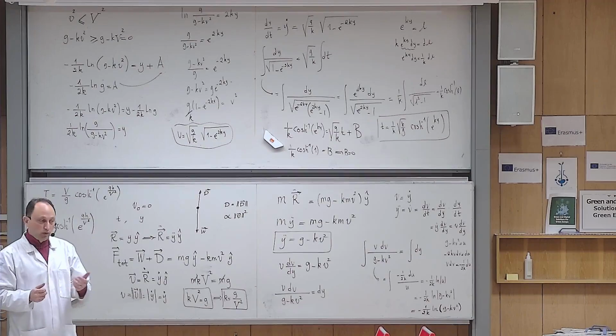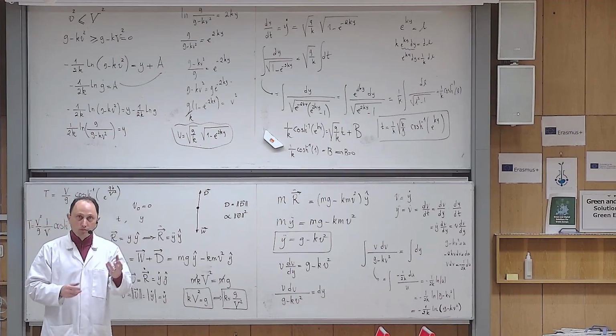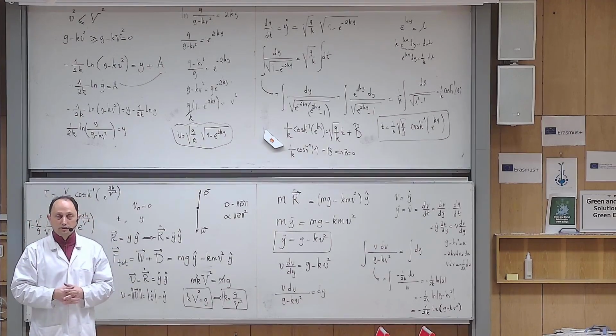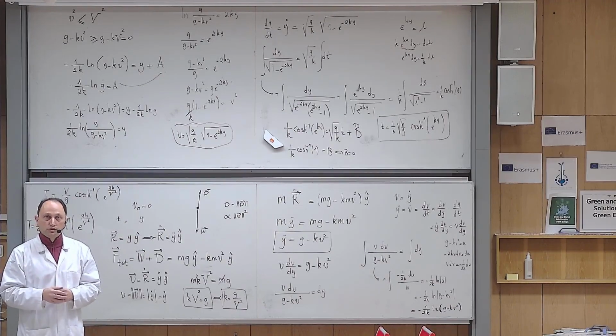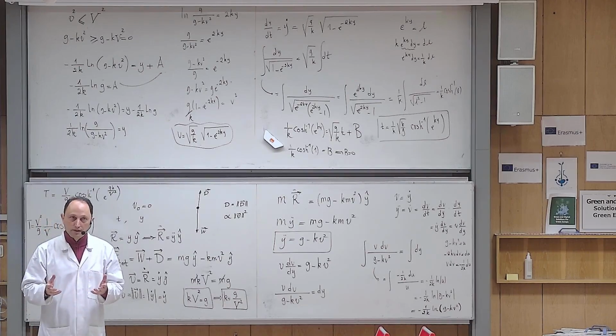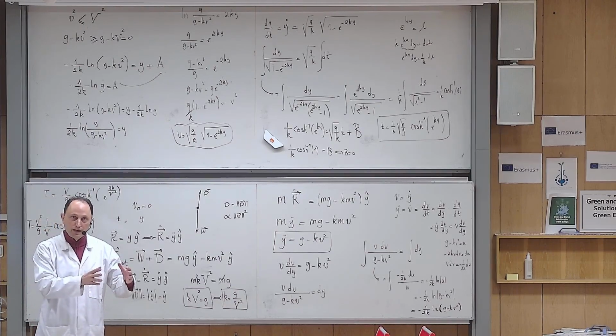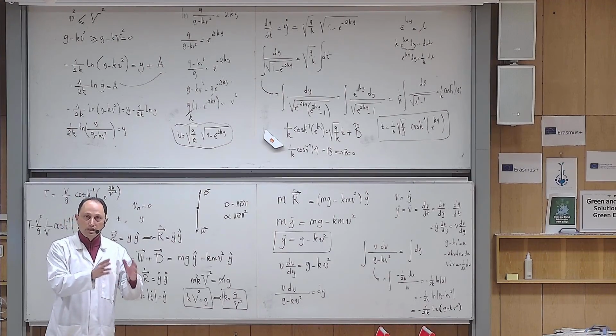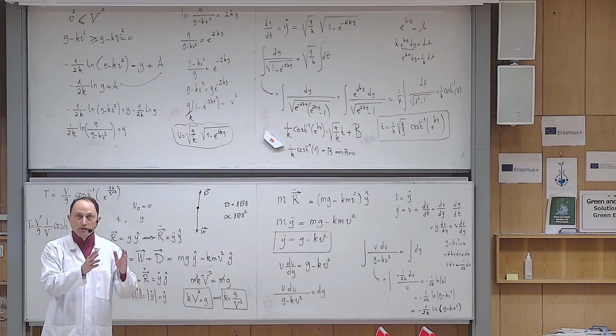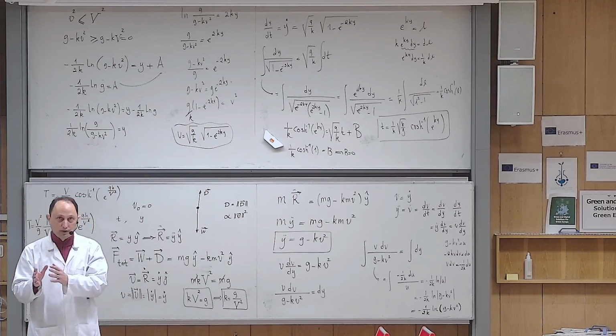Okay, so you know what happens if the radius of one ball is 10 times larger than the radius of the other ball. Because the volume of a sphere is proportional to the third power of the radius, it means that the volume and consequently the mass of the bigger sphere is 10 to the power 3, 1,000 times larger than the other one.